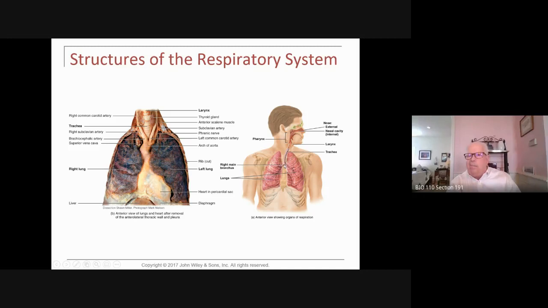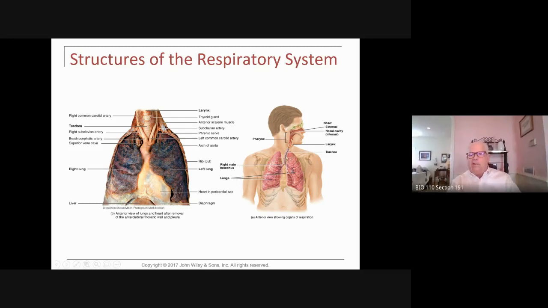It's got a name, and that name is the carina, C-A-R-I-N-A. It is a very sensitive area. If you have a foreign body that hits this area, you will start coughing. So it is the cough center of your trachea as it divides into right and left bronchus.